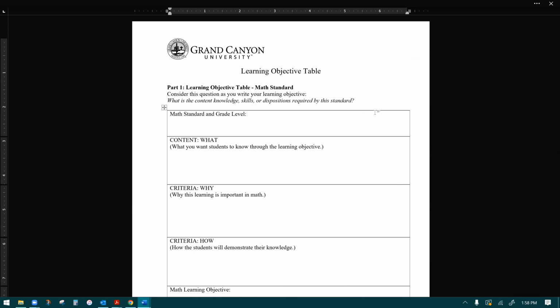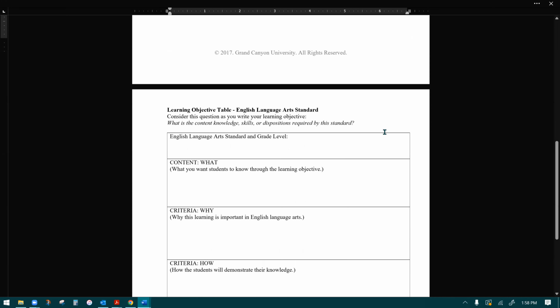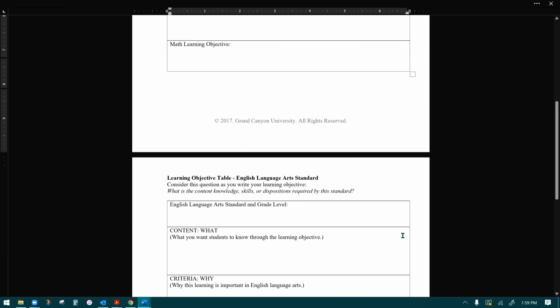Then you take that standard and look at what it means, why it's important, and how students can demonstrate their knowledge around that standard. You'll do this again for an English Language Arts standard, so you get practice doing it in 2 content areas. So let's go ahead and jump into our standards.